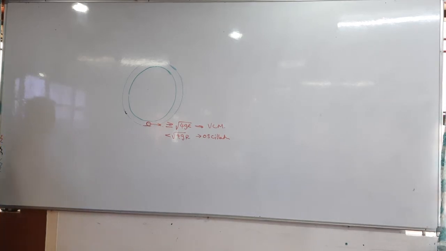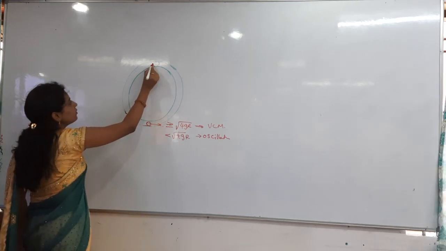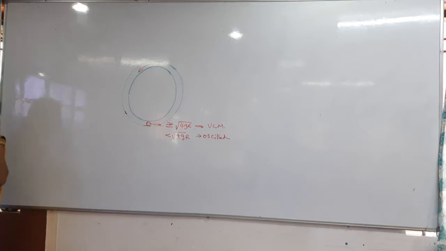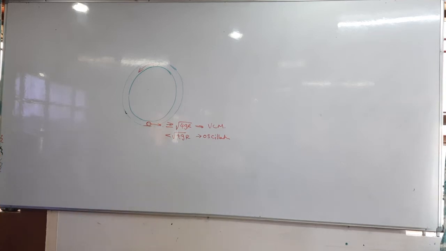Draw the diagram. Diagram is important. Once this one has reached the point C, at that time automatically it will fall in this direction. Like that.